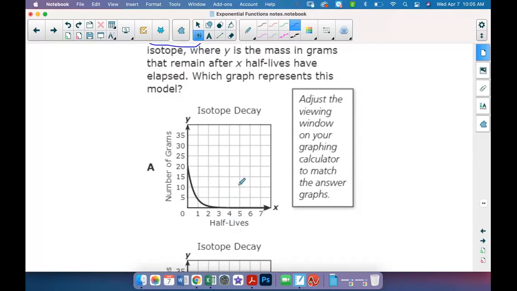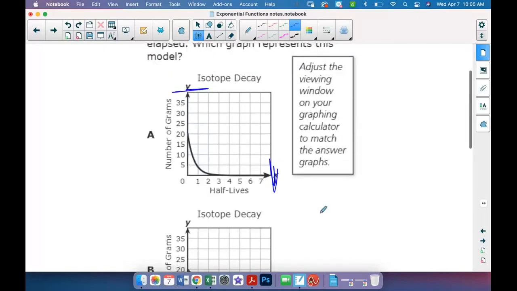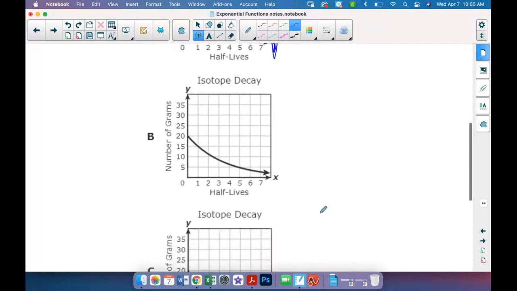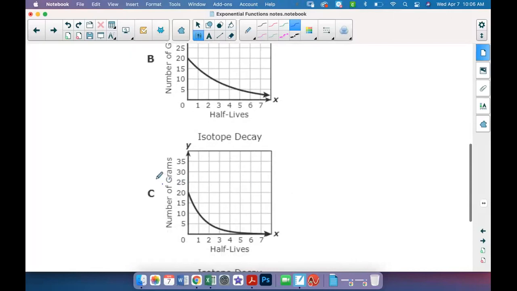Or you could graph it on your graphing calculator and see which one's the best one. If you graph it on your calculator, you want to make your window the same as this window. That way you can make it look similar to the one on paper, okay? So from here, the best one is actually letter C, okay?